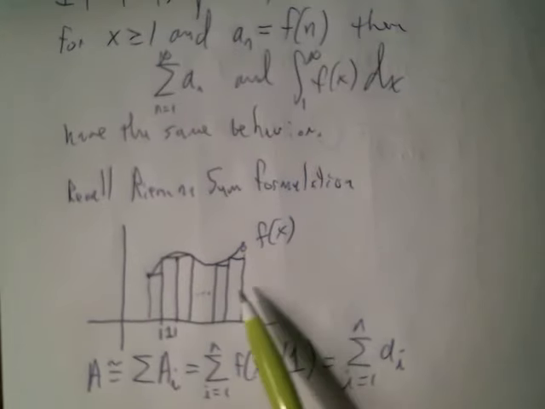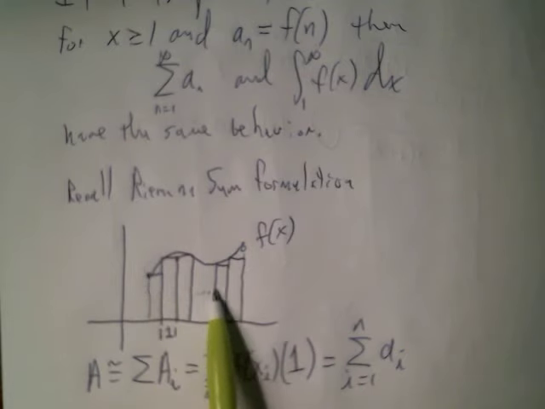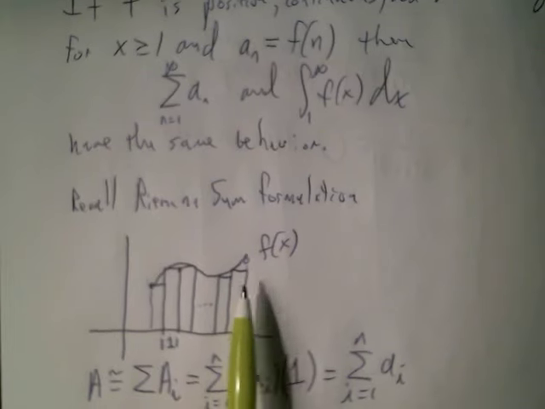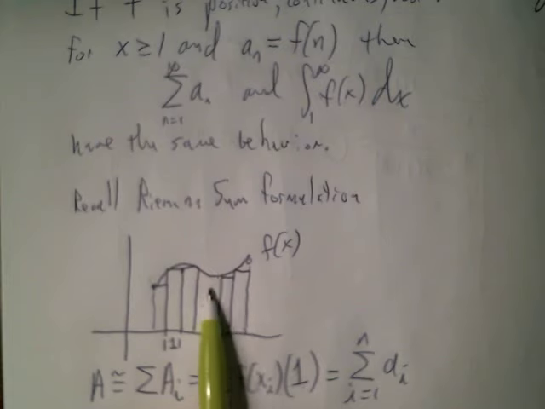And then you can compare that to the area underneath the curve. So it looks like maybe the area of these little rectangles would be less than the area underneath this curve. And when I was talking about squishiness, you can always make these rectangles be below the curve or above the curve.